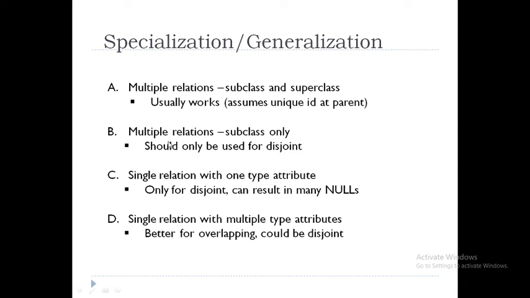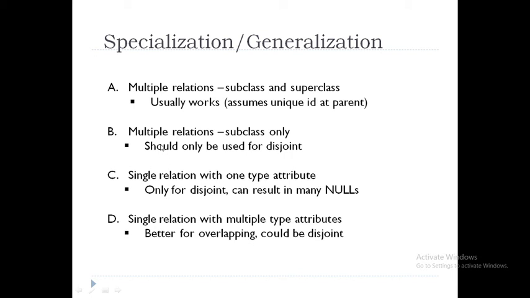The second method is multiple relations only for subclasses. Here, if it is a disjoint specialization, disjoint type, then you can use multiple relations only for subclasses. Then single relation with one type attribute and single relation with multiple type attributes.